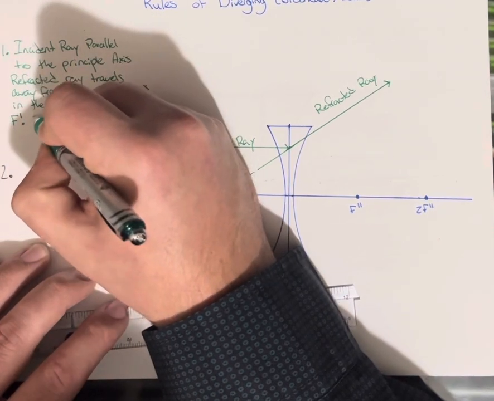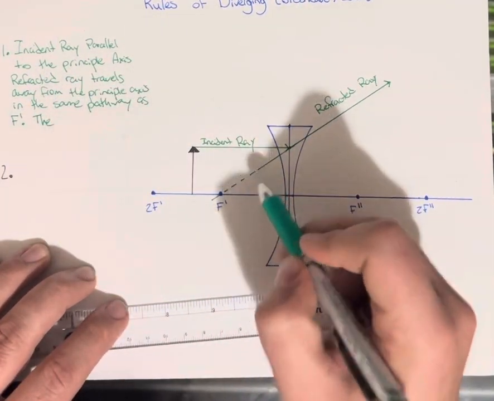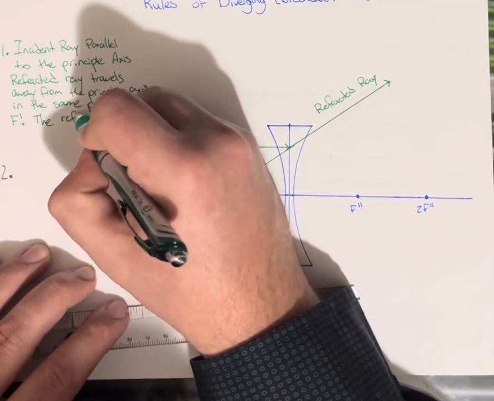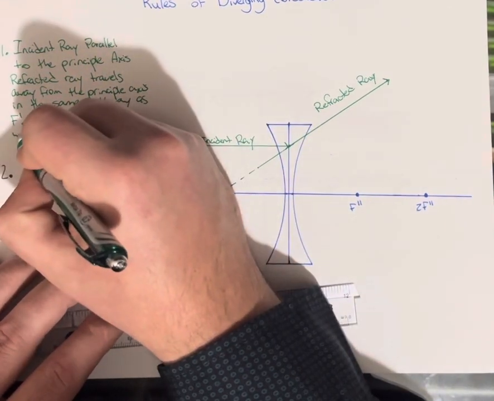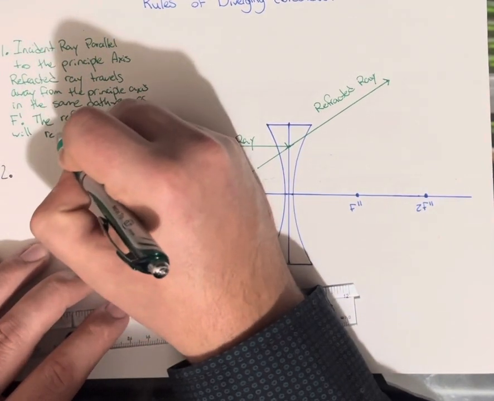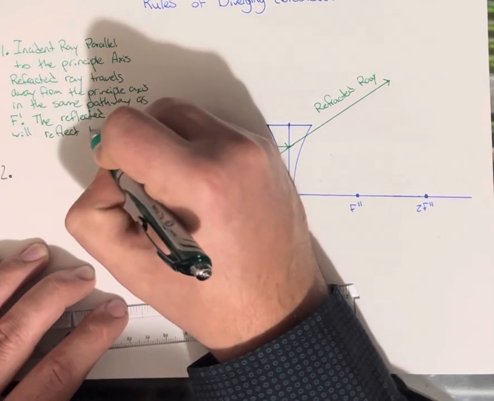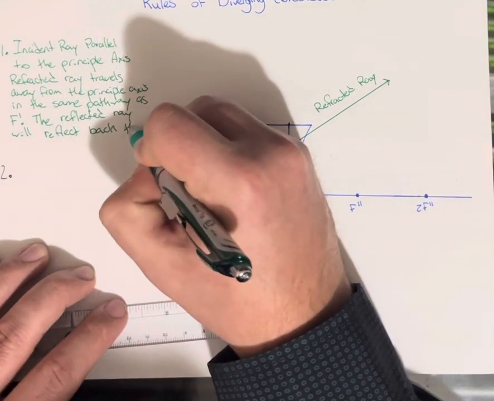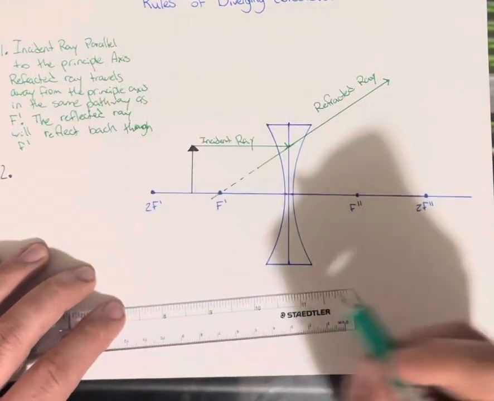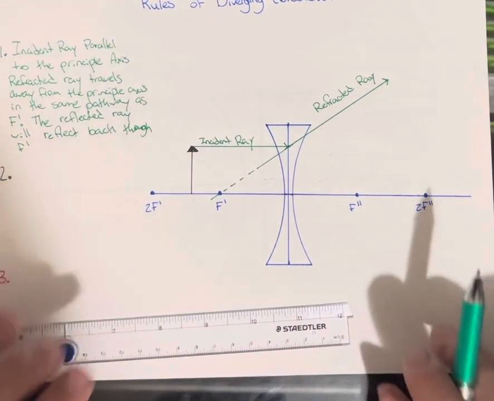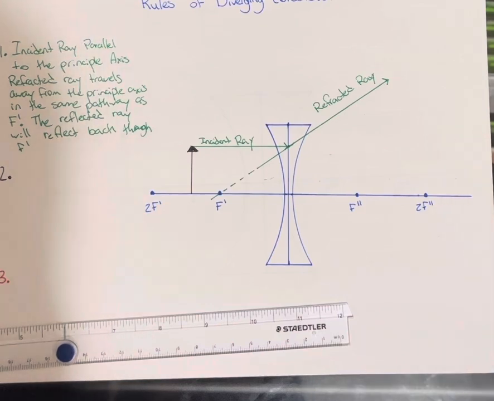The reflected ray, which is our dotted line here, will reflect back through F prime, which is our focal point. Right, so that is our first rule.